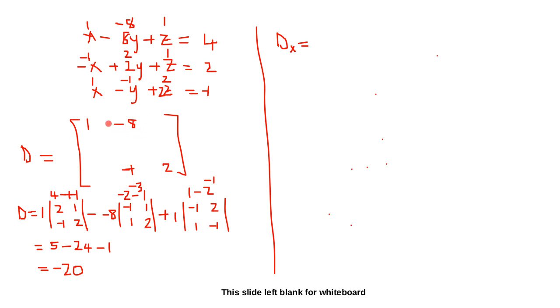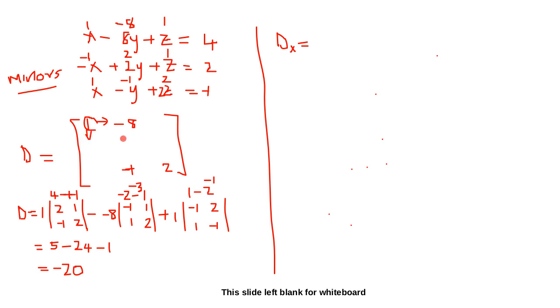So to get the determinant, first of all, we take 1 times its minor. And the minor that we are talking about here is not a negative sign. It is the minor, M-I-N-O-R-S. So for the minor of 1, we delete row 1 where this 1 is appearing, and we delete the column where it is appearing.